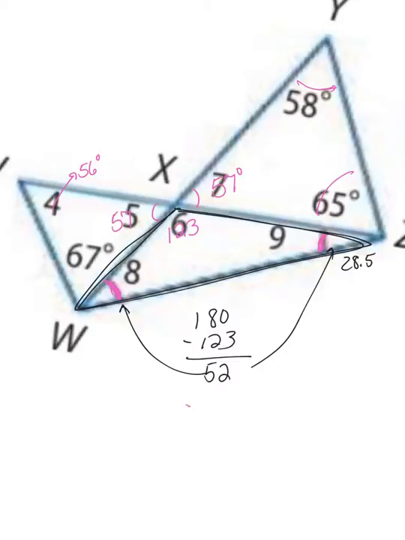That's the only way I would know to split this evenly. If they didn't tell me that, I'd have to have some more information somewhere along the way to get those two measures. Now, don't try to use alternate interior, exterior, any of that in these drawings because we don't have parallel lines here. So make sure you remember that those specific measures are only true if we have parallel lines.